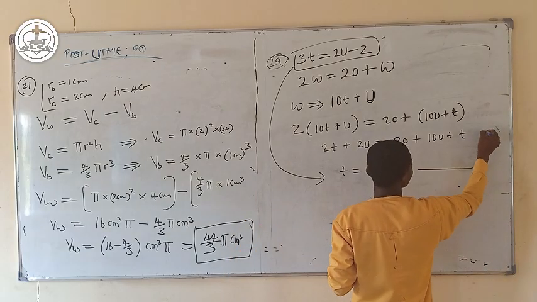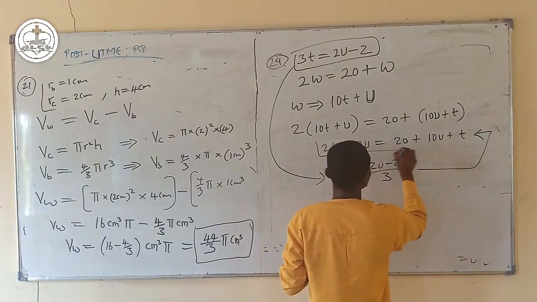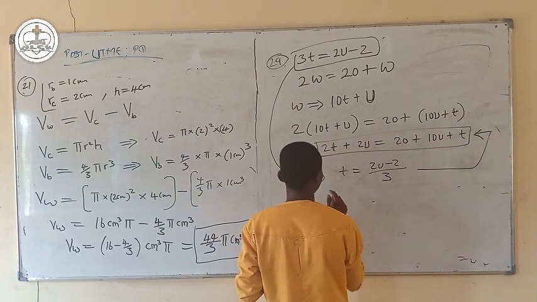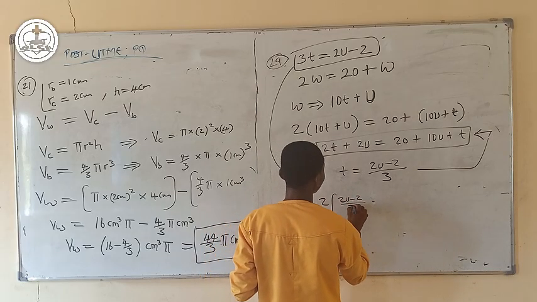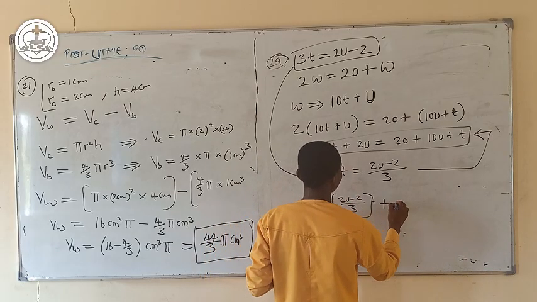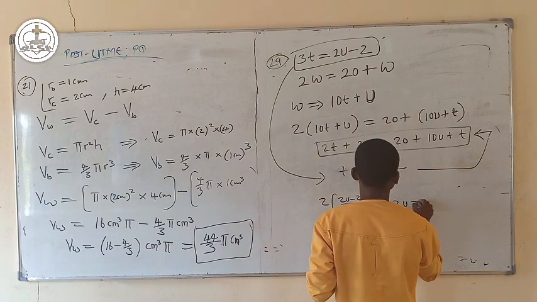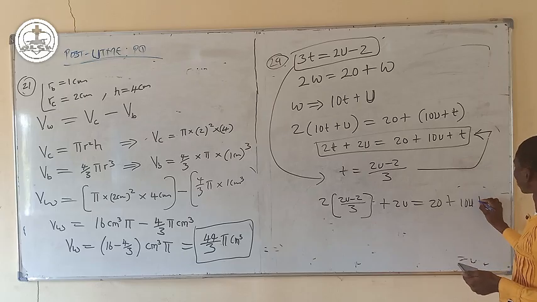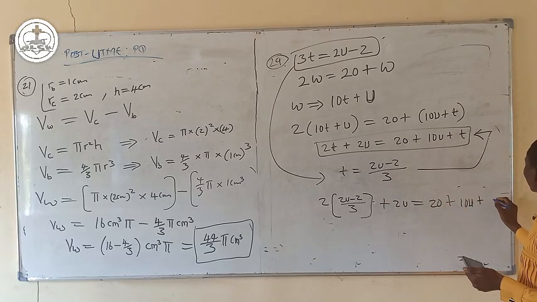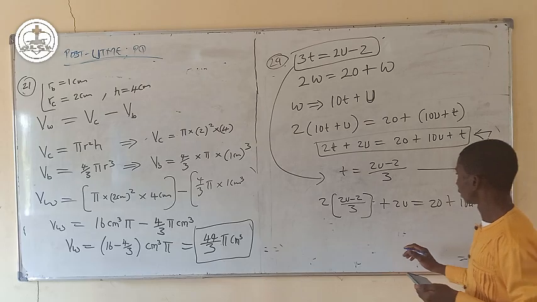So if we substitute it into this equation, we are going to have 2 into 2u minus 2 over 3 plus 2u is equal to 20 plus 10u plus what? Our t is 2u minus 2 over 3.